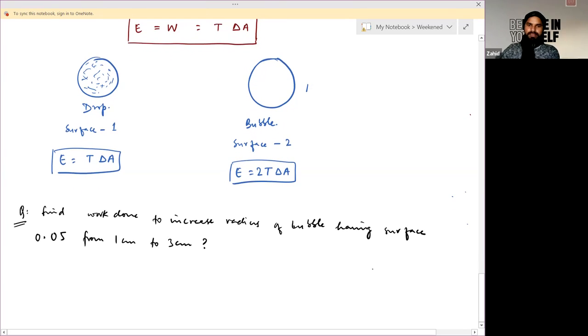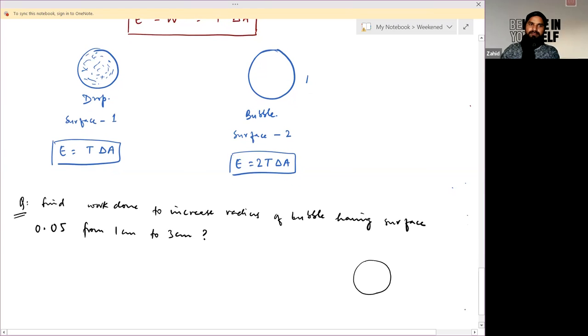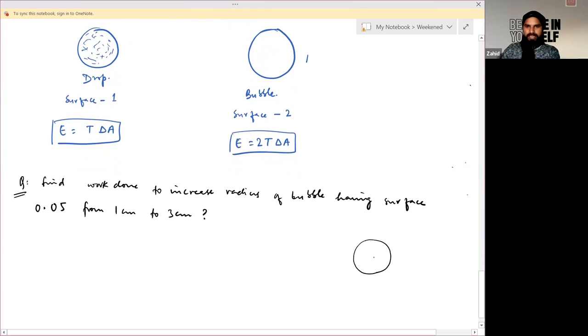Suppose there is a bubble initially of radius 1 centimeter. We have to calculate the work done to increase its radius to 3 centimeter.